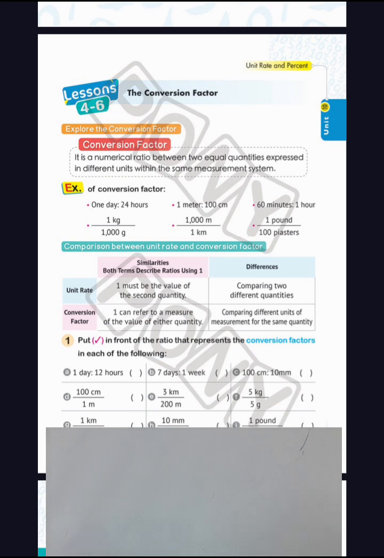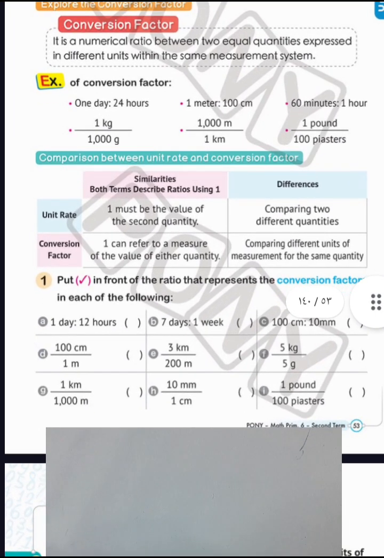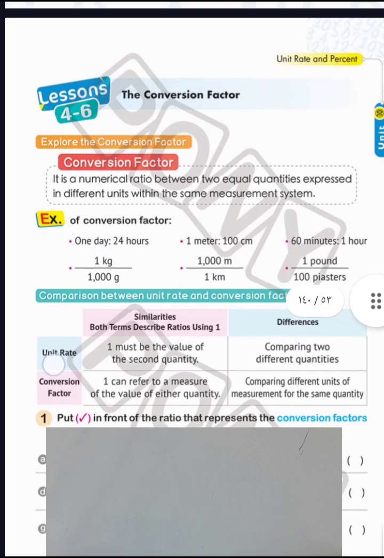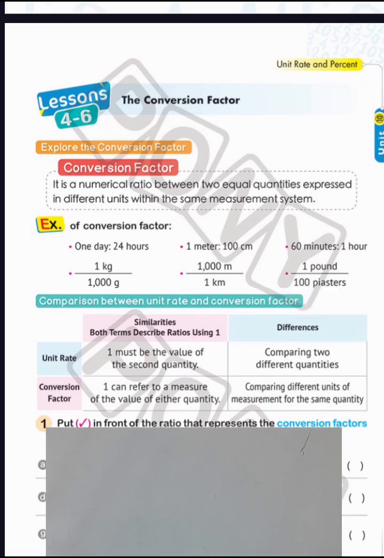Next example. Here, lesson 4 and 6 is a conversion factor. Conversion factor here means what? It's a numerical ratio between two equal quantities expressed in different units within the same measurement system. It's equality.